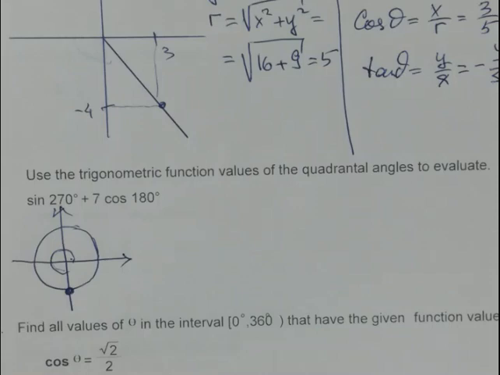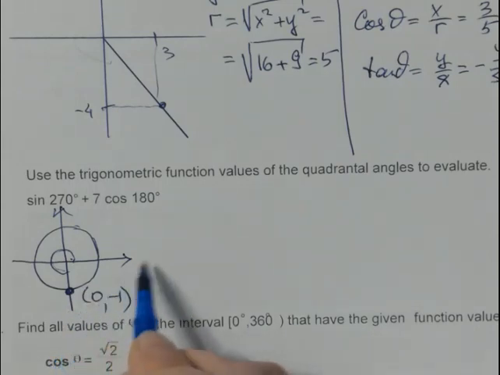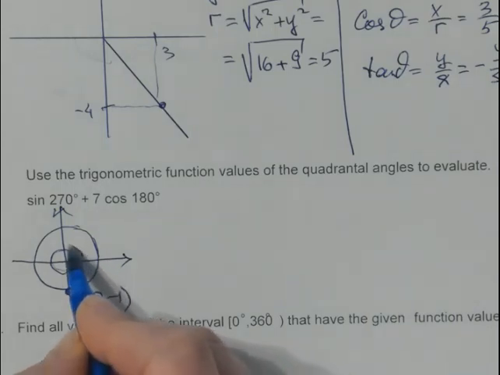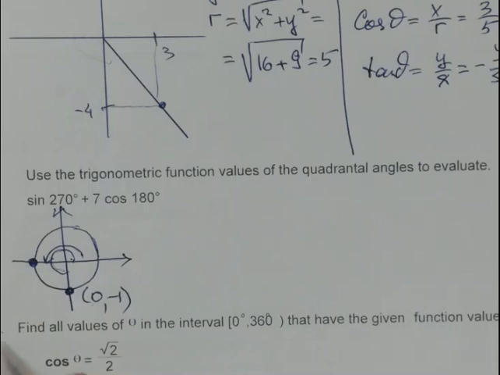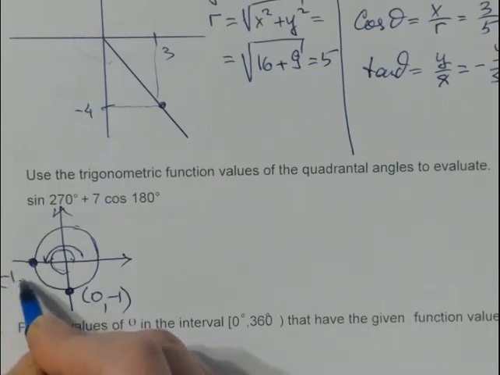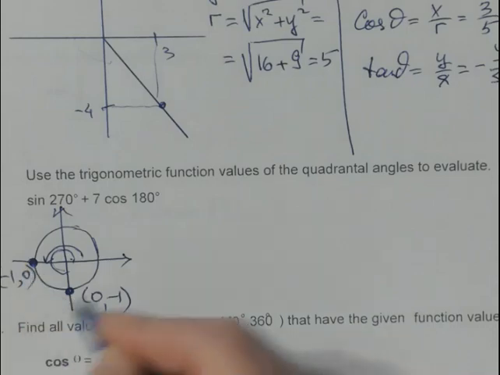This point on the unit circle has coordinates 0 and -1. The first is the cosine, the second is the sine. 180 degrees is a straight angle. This point has coordinates -1 and 0.